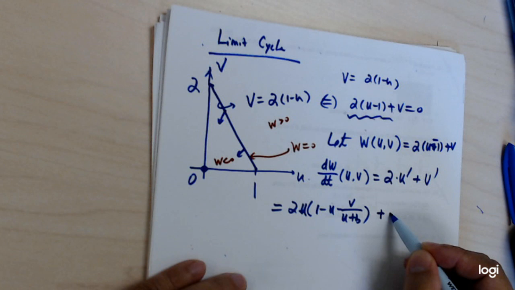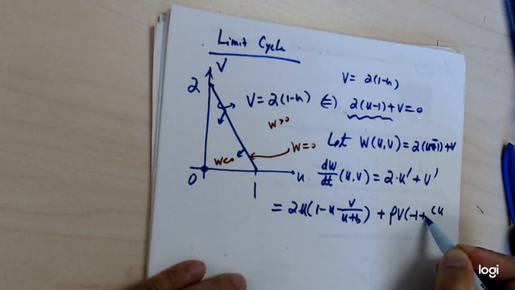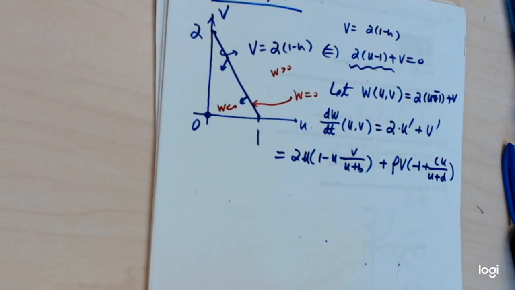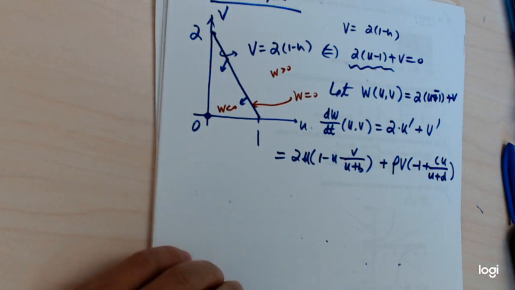Here's the equation for phi. If you look at this, it looks impossible to tell whether this is positive or negative. So we will do something to this one. We'll play with the formula that we had.